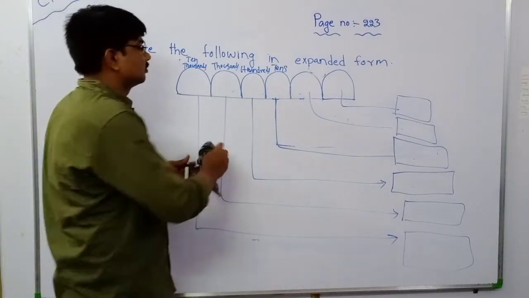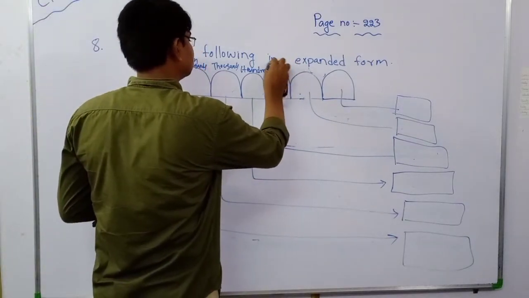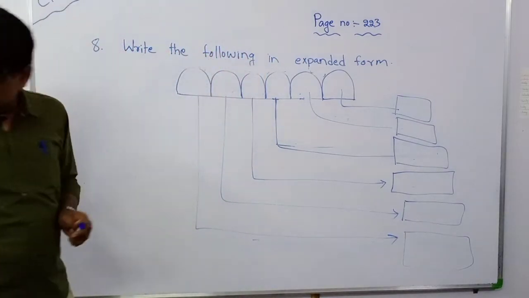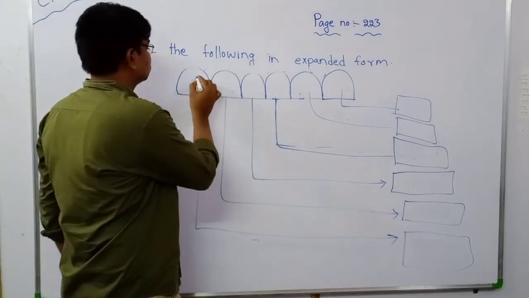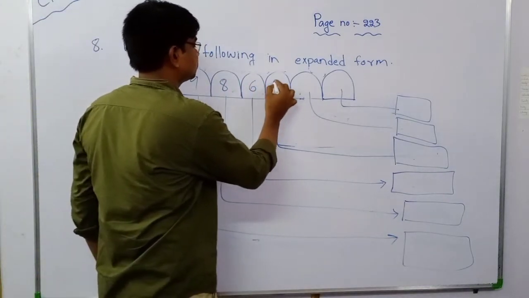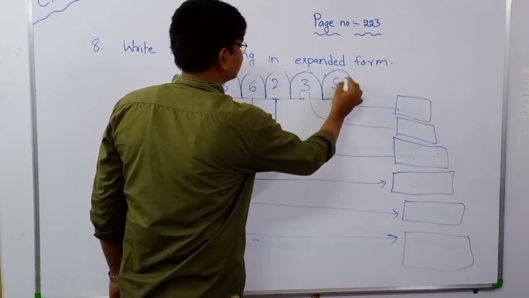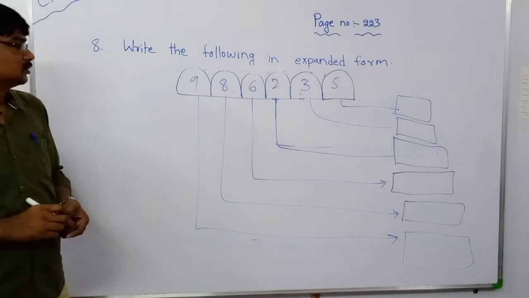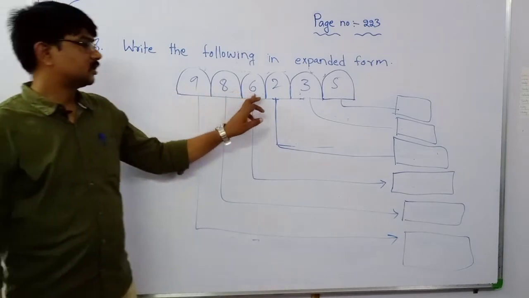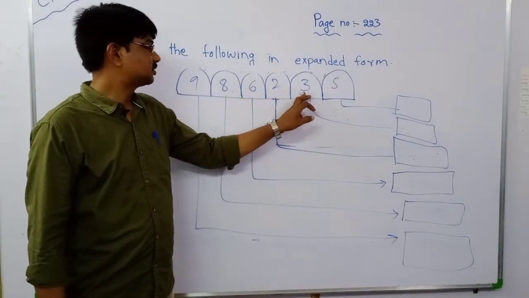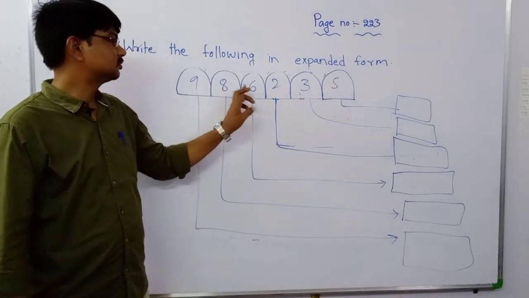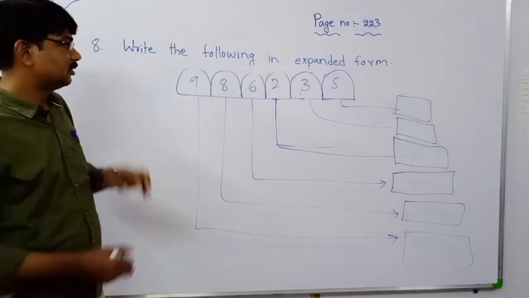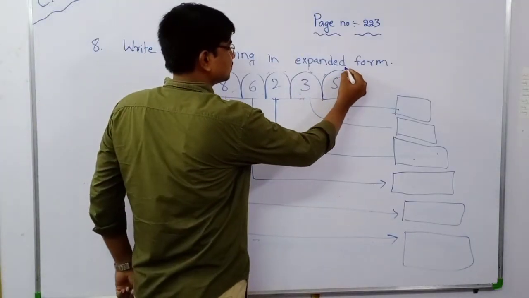Next, what is the number? 986235. It is a 6-digit number. First of all, what is the place?